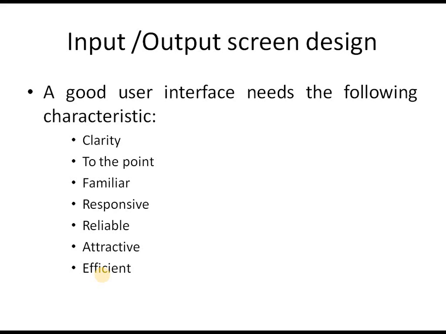Attractive means that the usage of the interface should be enjoyable. For example, polishing buttons and icons to make them very attractive. And efficient: to make an interface efficient, it should be figured out what exactly the user is trying to achieve.